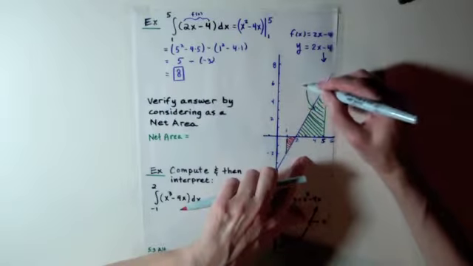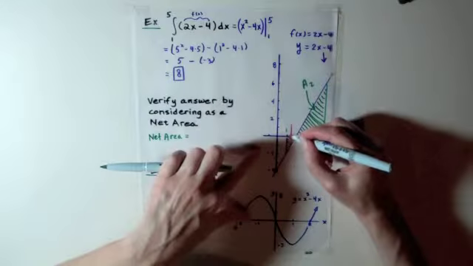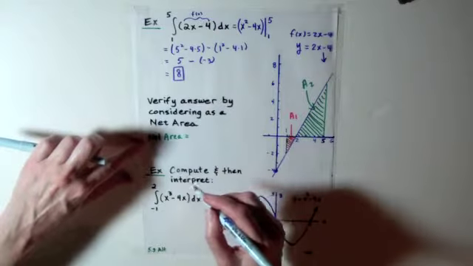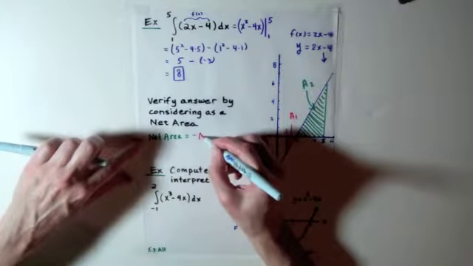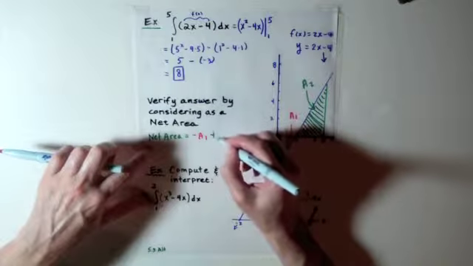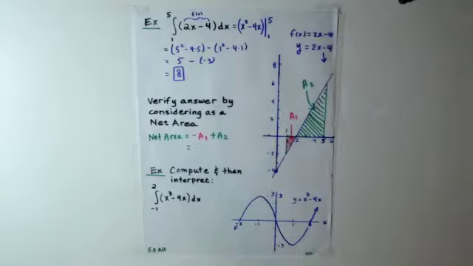So whatever this area turns out to be, maybe I'll call that A2 and this area A1. A1 contributes something negative to my net area. Maybe I'll just write it this way as minus A1. And A2 is above, so it contributes something positive to my net area. And now all I have to do is see if I can figure out what those areas are.